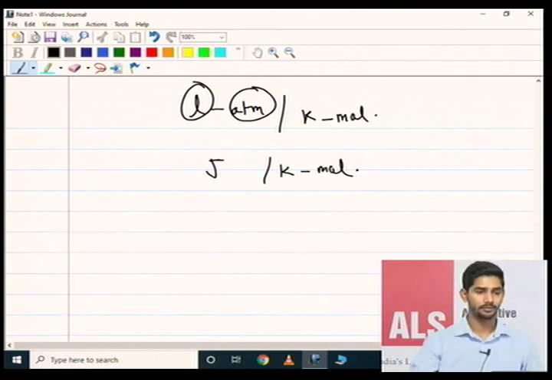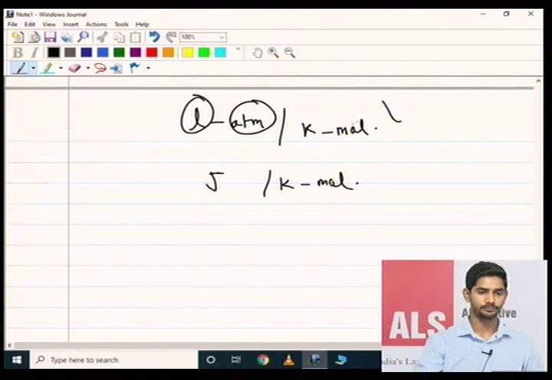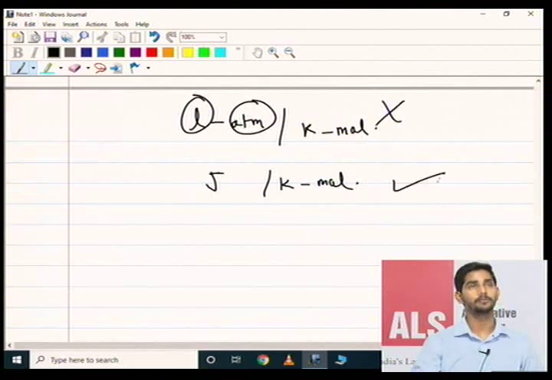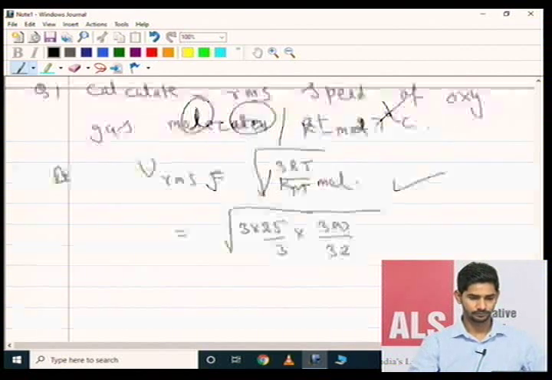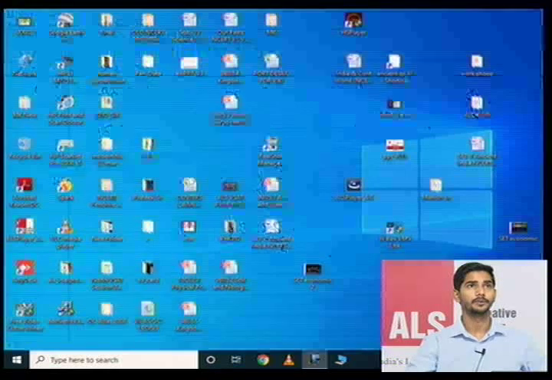If not, then how can we use it? We can't use this. We have to use this one. Now are you getting this? Confirm once. Now are you getting this, guys? Okay. You can solve that.